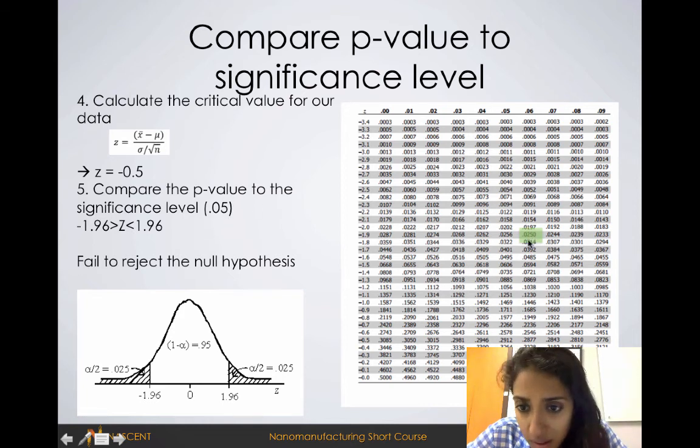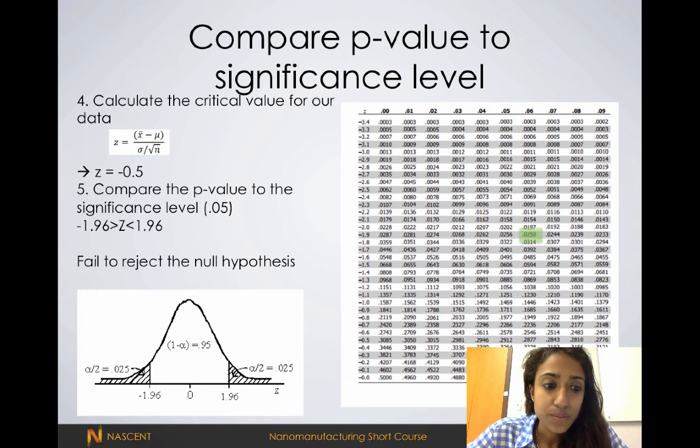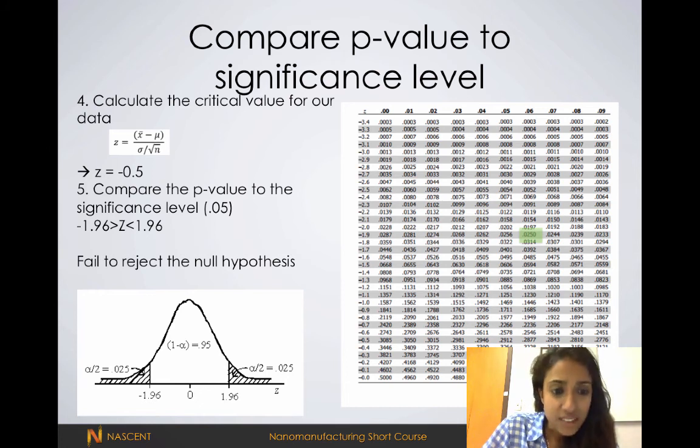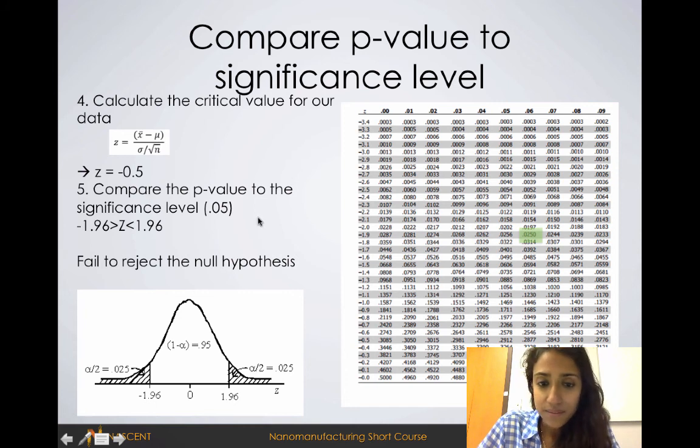So we go here. This is 0.025. We look at the corresponding z-score, which is negative 1.96. And so we know that if our z-value falls outside this range of negative 1.96 to 1.96, then we can reject the null hypothesis. We fail to reject the null hypothesis because our z-score was negative 0.5.